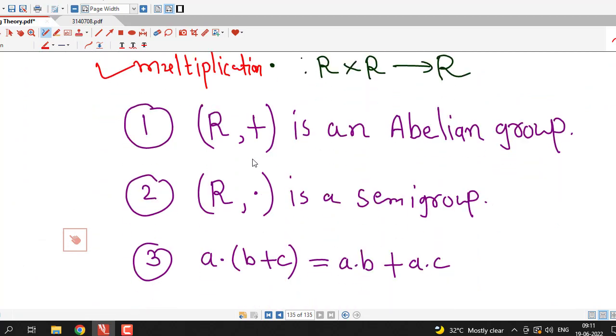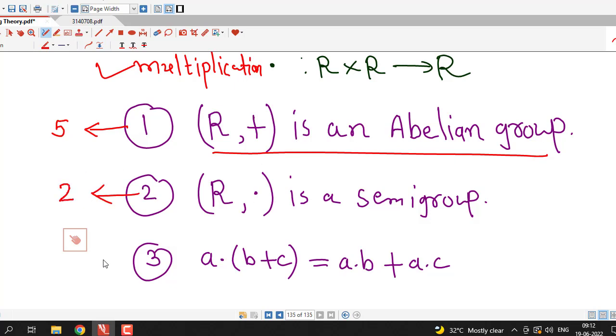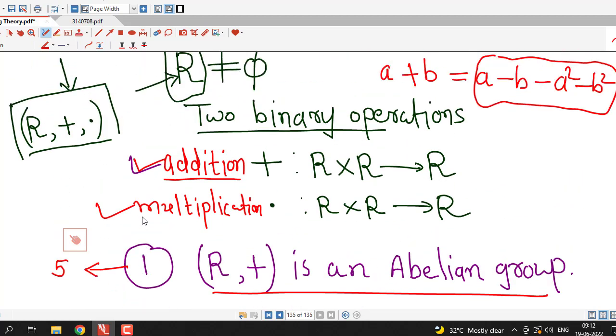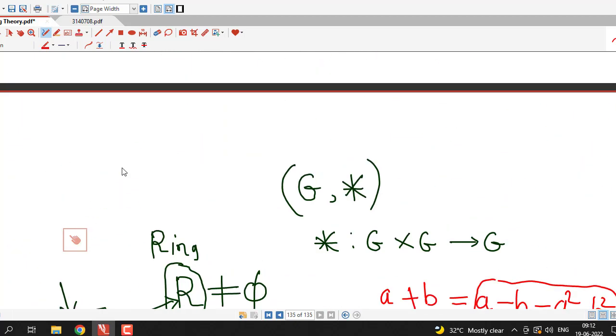So remember these 3 conditions. For the first property we have to check 5 properties of an abelian group, here we have to check 2 conditions, and here we have to check this and another condition. If all these conditions are satisfied, then R is a ring under the operations of addition and multiplication.